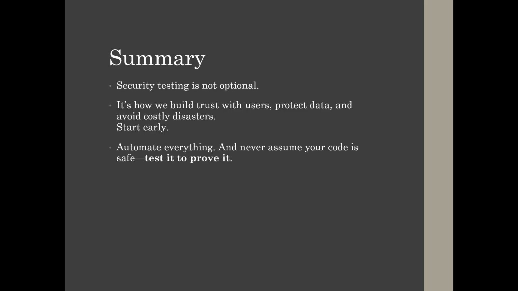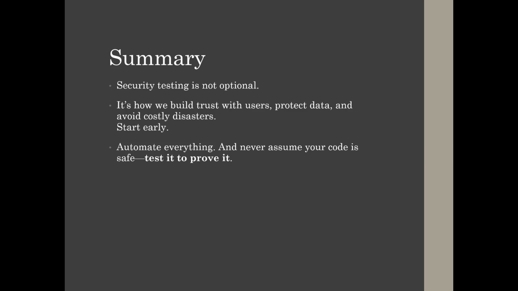So, we've talked about a lot, and you've made it to the end of our testing set. So, to wrap it up, security testing is not optional. If you are not testing for security, you are in for a world of hurt when your application gets out there to the real world. Our application security, really, it's how we build trust with users.